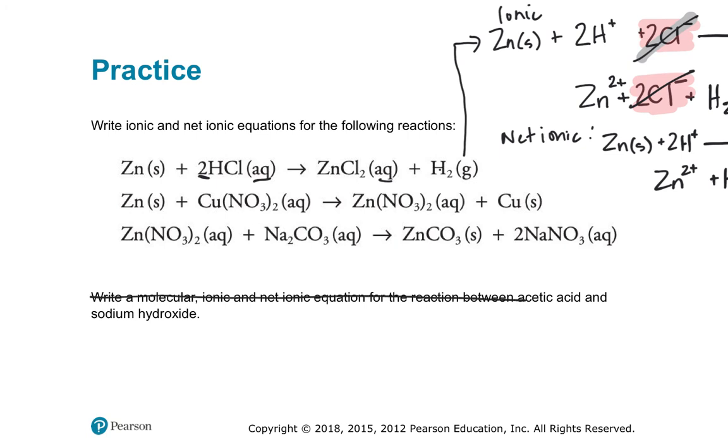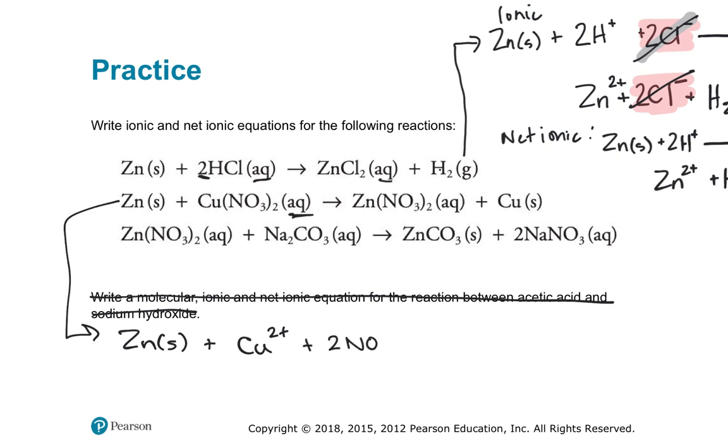I'm going to cross this out here, and we're going to do this next one down here. Okay, we have zinc solid, and it's going to react with copper nitrate. So we have copper, it's aqueous, so it's going to separate into ions, plus 2 NO3 minus. It's going to react to form zinc nitrate, which is aqueous, so that's going to separate out into ions, plus a solid copper.